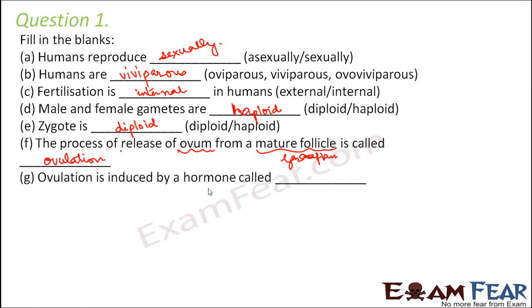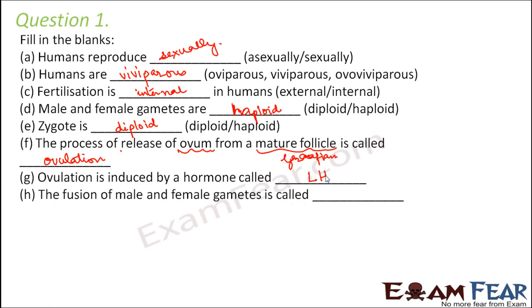Ovulation is induced by a hormone called, so you remember, there is a hormone when its level reaches its peak, only then the Graafian follicle ruptures and the egg is released. So what is that hormone? Yes, it is the LH, that is the luteinizing hormone. Fusion of male and female gametes is called fertilization. So that is what we have been studying for so long, that the fusion is called fertilization.